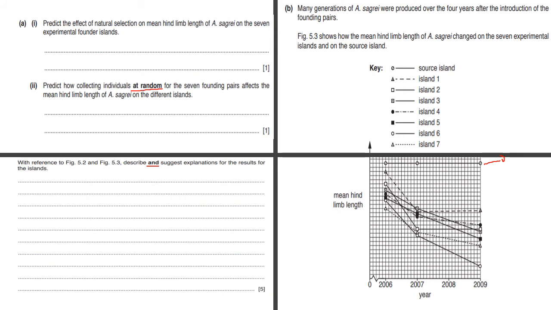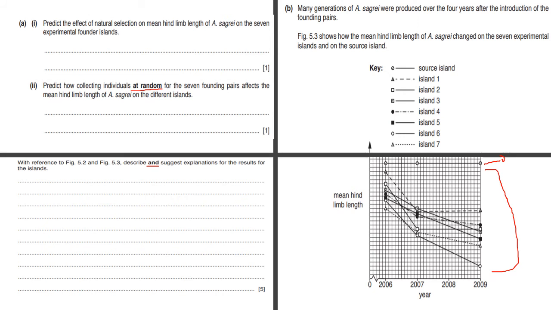My first description would be that if you look at the graph, when you're describing, you're looking at the graph. That's how you describe. Describing shows that on all the experimental islands, there is a decrease in the mean hind limb length. You can see that from year to year. It starts off a little bit high and then continues to decrease.